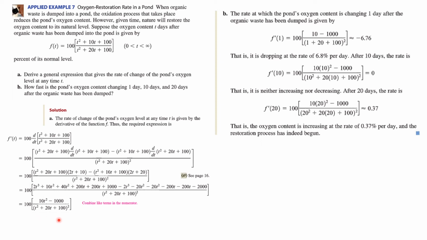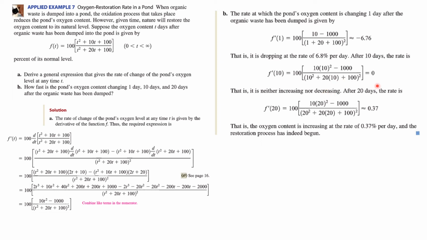And now what we're going to be able to do is plug numbers in here. And so at 1 day, you put a 1 in there and do the calculation, you get approximately this number, and that's 6.8% per day. Here it's neither increasing nor decreasing at 10, so the change is 0.